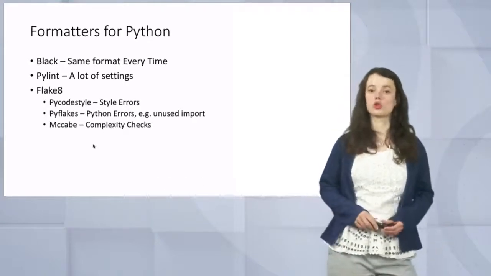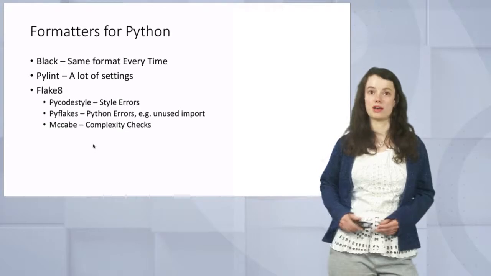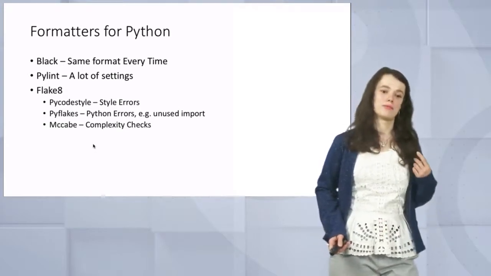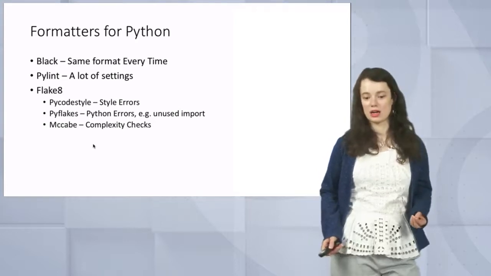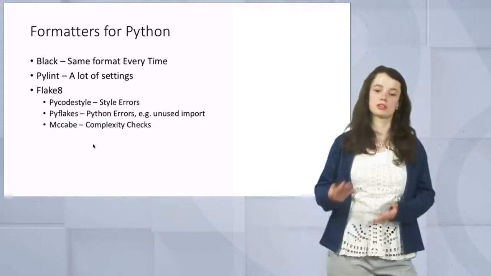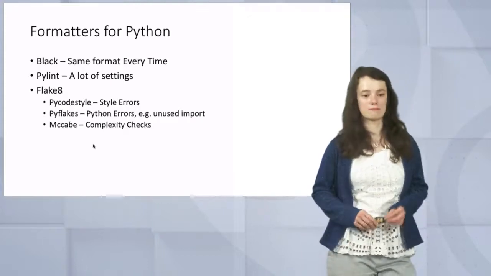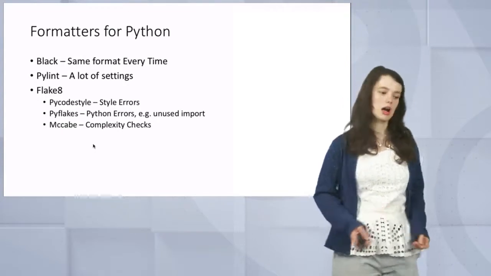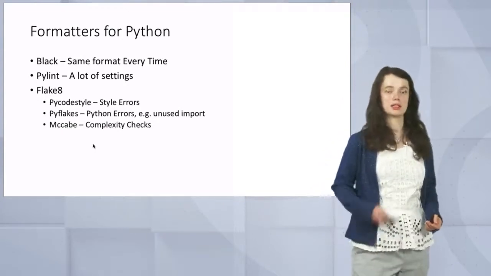These are the most popular auto-formatters in Python. Black formats your code in the same format every time. The developer of Black checked different options and chose the most universal ones. Another one is the PyLint library.